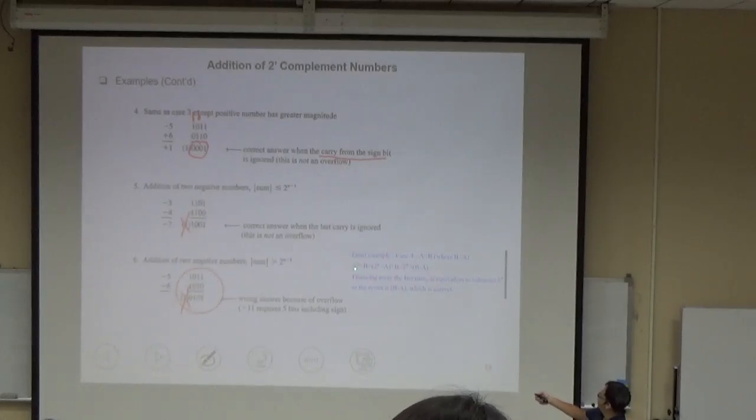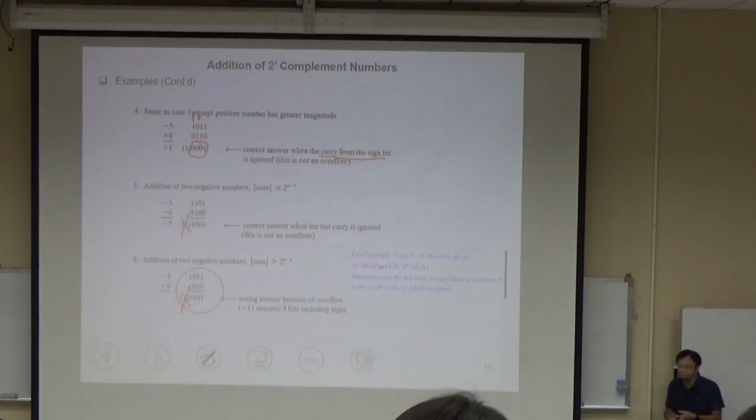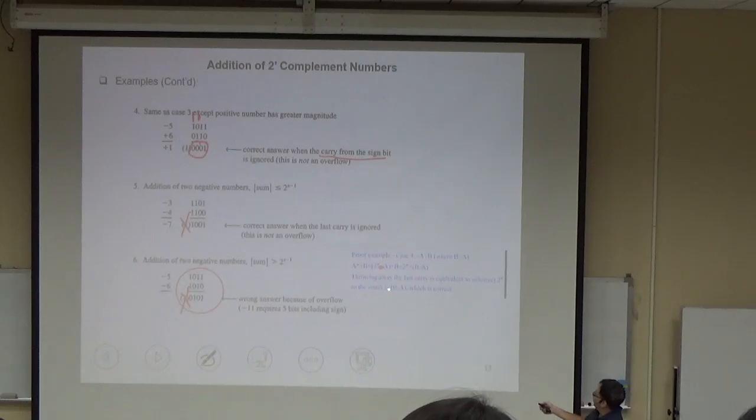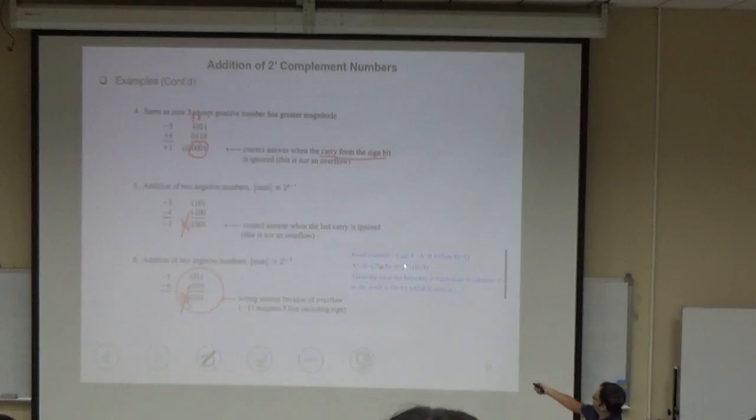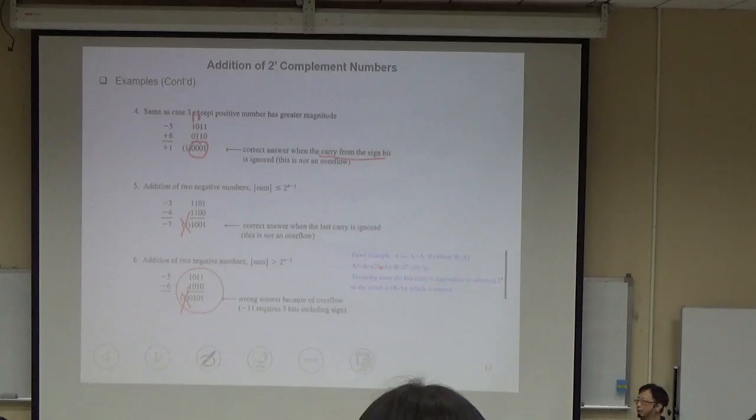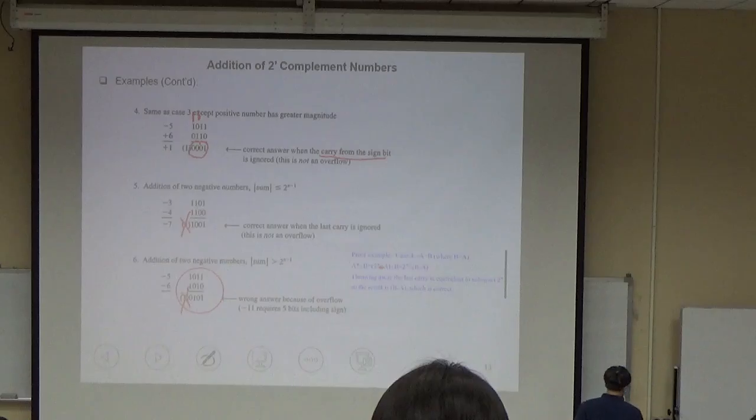Negative A plus B will become right here. Okay. This one will become, because 2 to the n is common, the negative A will become the power n minus A, plus B will become this one. So to calculate, the result will become this one. And we ignore the carry, just throw away this value.